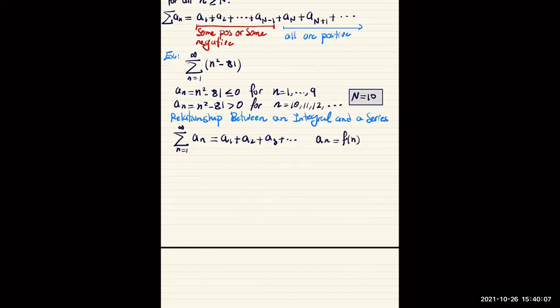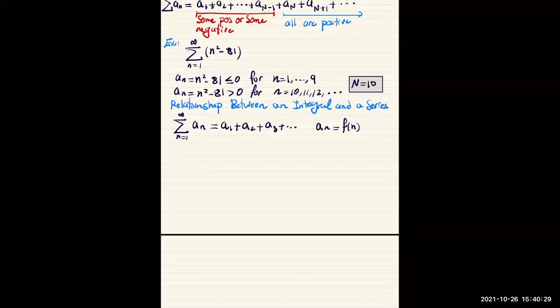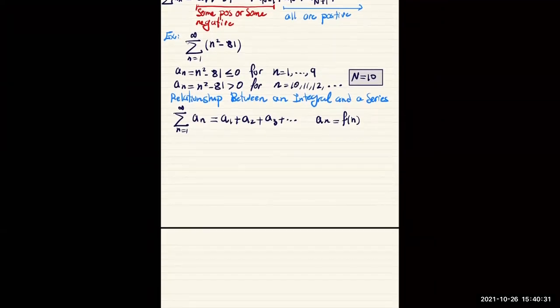Okay, so again, for example, if I have the series of 1 over n, the harmonic series, think of f of x as 1 over x. F of n is 1 over n. So the continuous form of it is 1 over x.